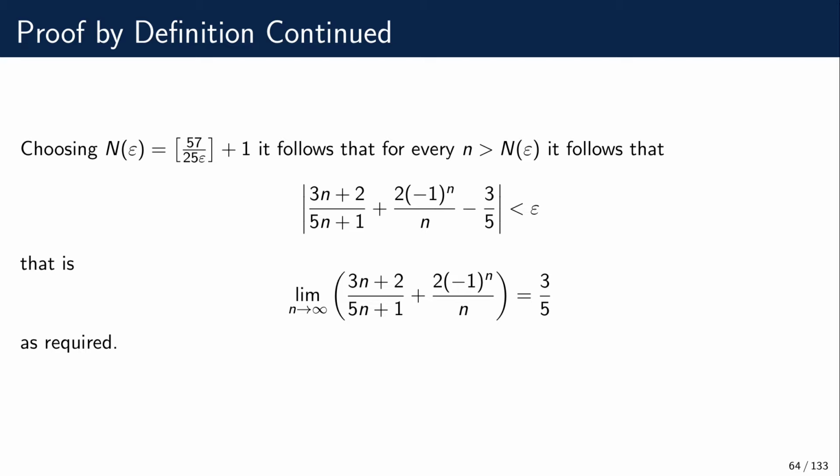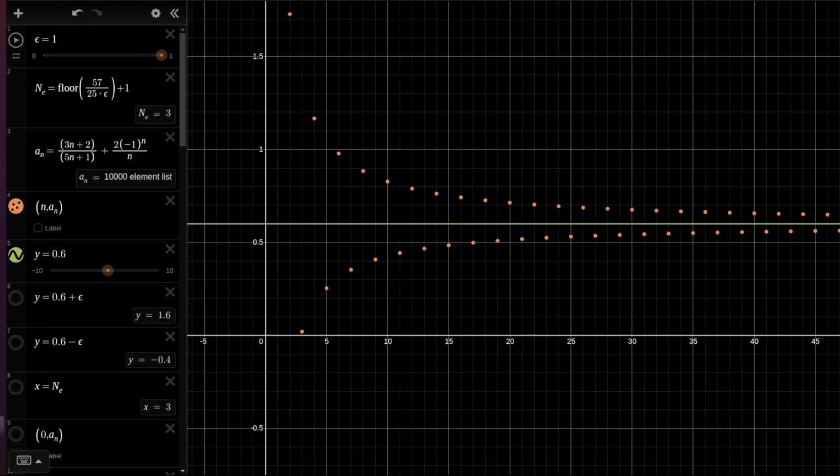So let us now go back to our visualization and see how it works with this n of epsilon. Now that we have proved by definition that this sequence from the slides converges to this limit, let's see how it actually works. In order for this to be the limit of the sequence, it's equivalent to two inequalities.